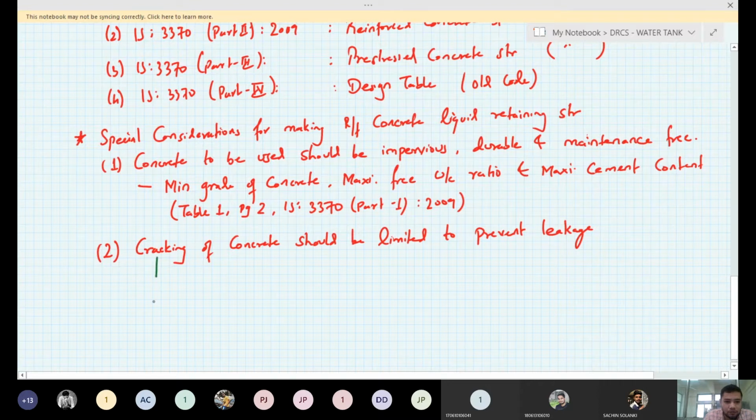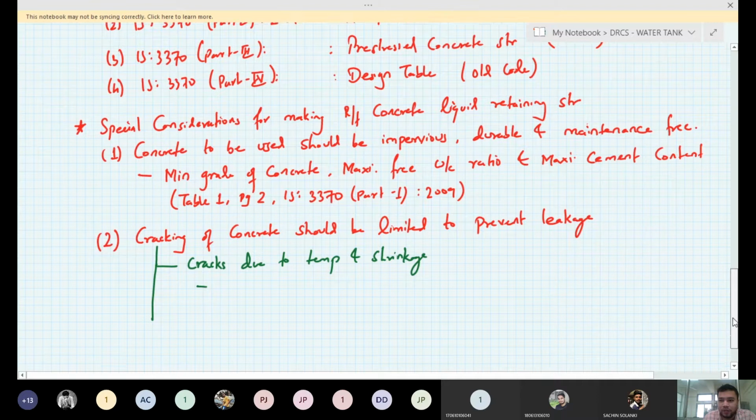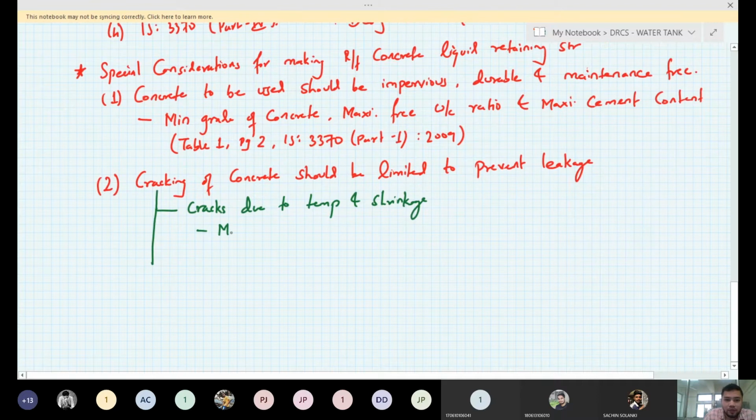The cracking can be caused by two ways. Cracks due to temperature and shrinkage, and these cracks can be avoided by providing minimum steel. By providing minimum reinforcements, you can prevent the cracking due to temperature and shrinkage.